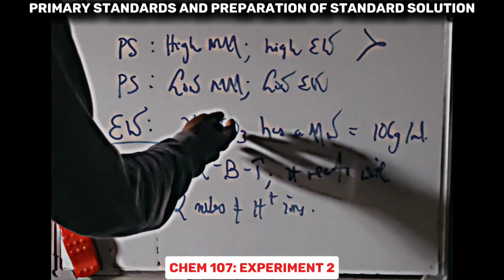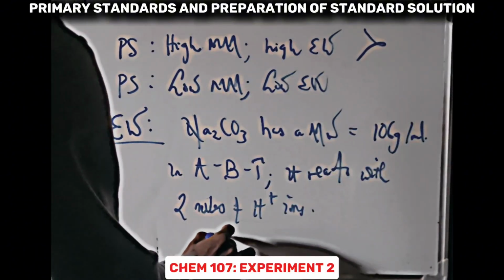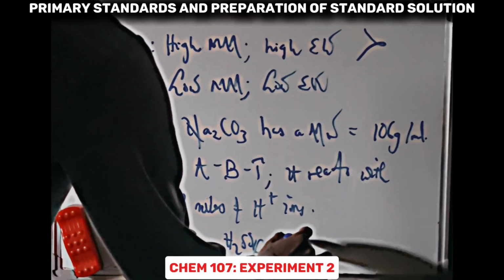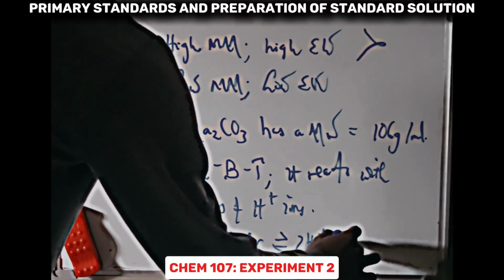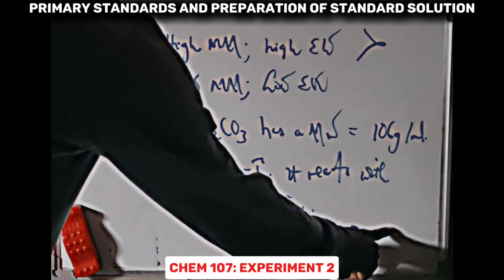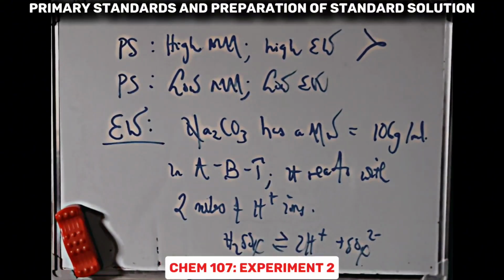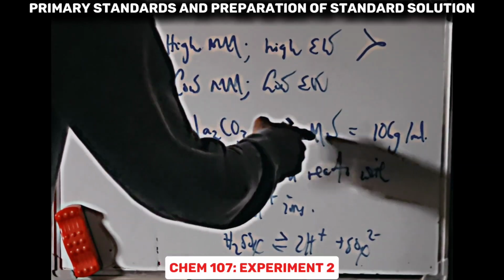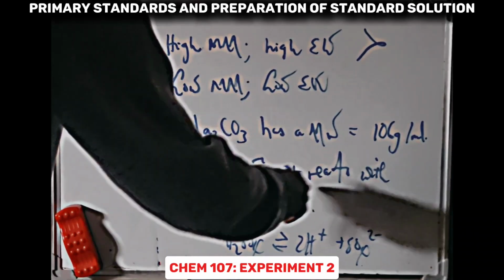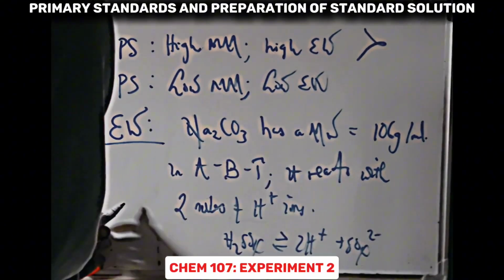For example, if we have sodium carbonate plus tetraoxosulfate VI, tetraoxosulfate VI has two hydrogen ions. So that means sodium carbonate with this molecular weight, in acid-base titration, reacts with 2 moles of hydrogen ions.